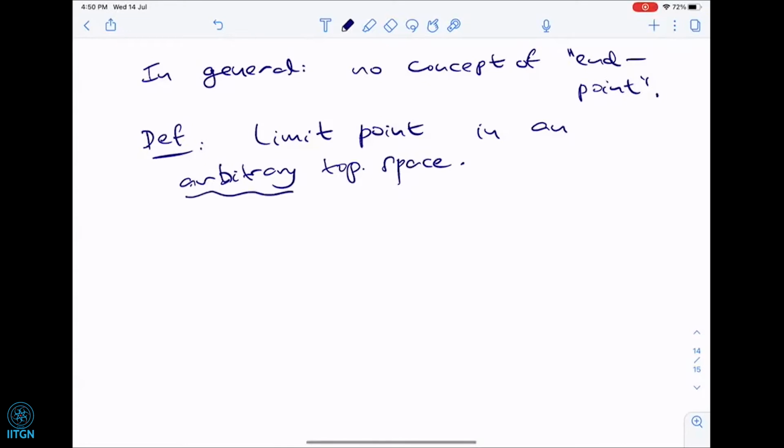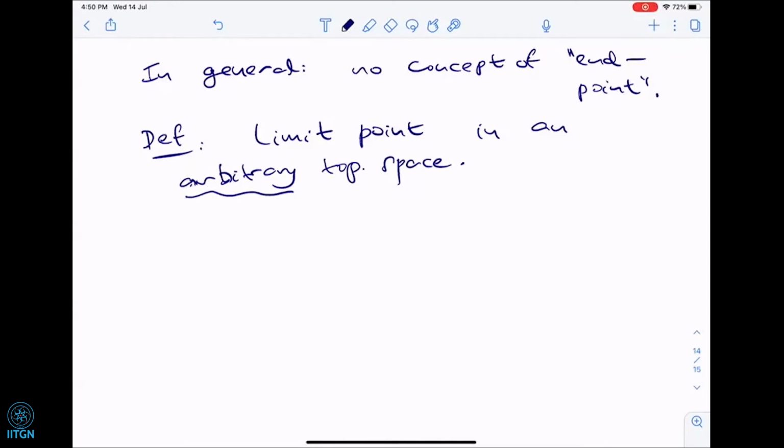Arbitrary. So they don't look limit-like. There's no concept of limit in a topological space because there are no continuous variables necessarily, and I can't do epsilon and delta in calculus. That's exactly what we're trying to drop when we do topology.